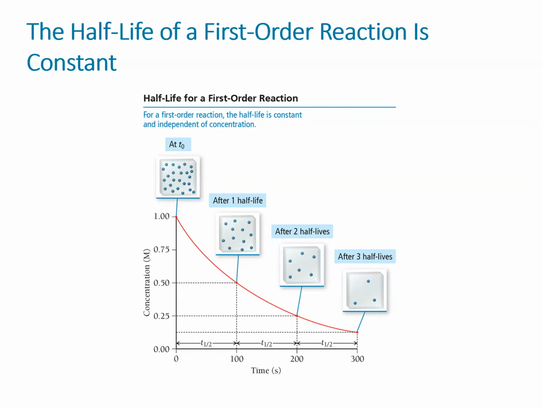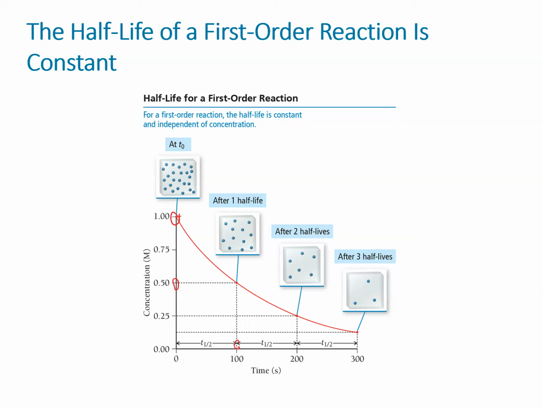But let's look at a first-order reaction first. Intuitively, at time equals 0, we have an arbitrary concentration of 1.00 moles per liter. If the half-life is 100 seconds, then at 100 seconds we will have half the concentration, 0.5 moles per liter.